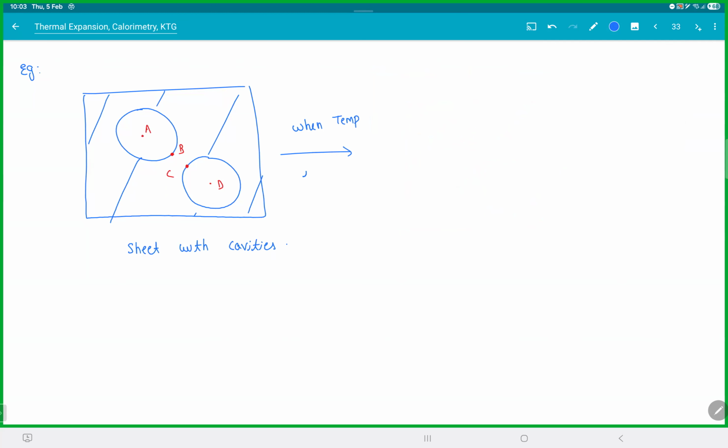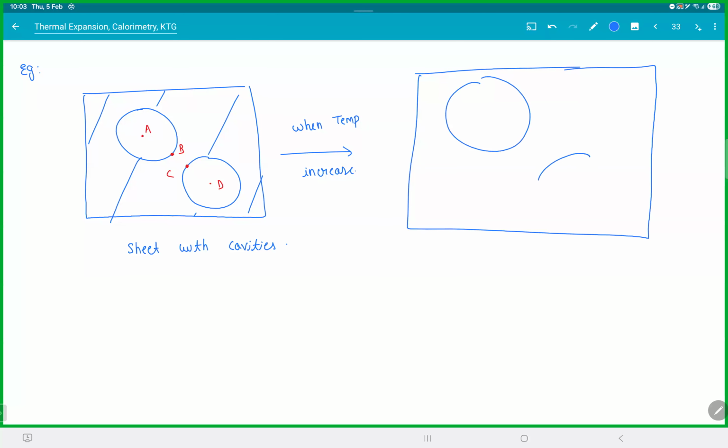There, this was a question in the exam. So the sheet becomes bigger, the cavities become bigger, so everything increases.